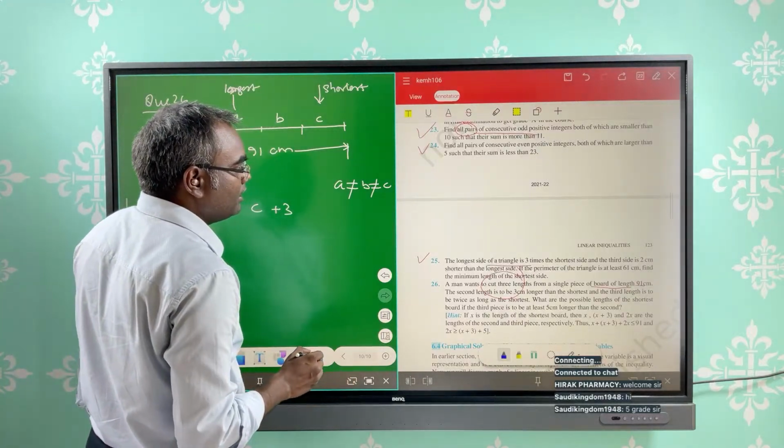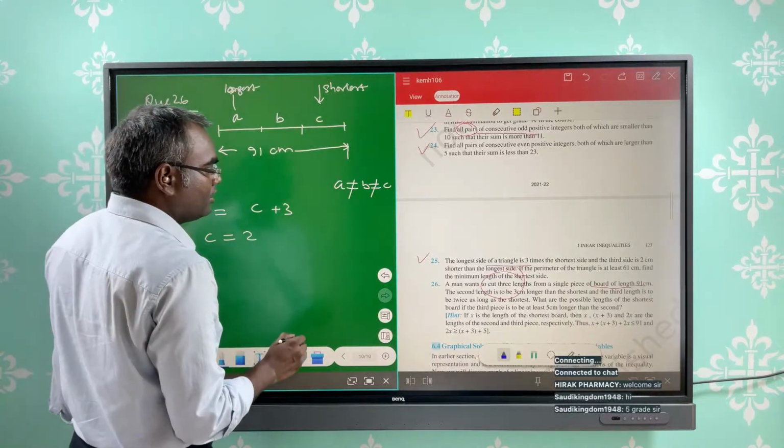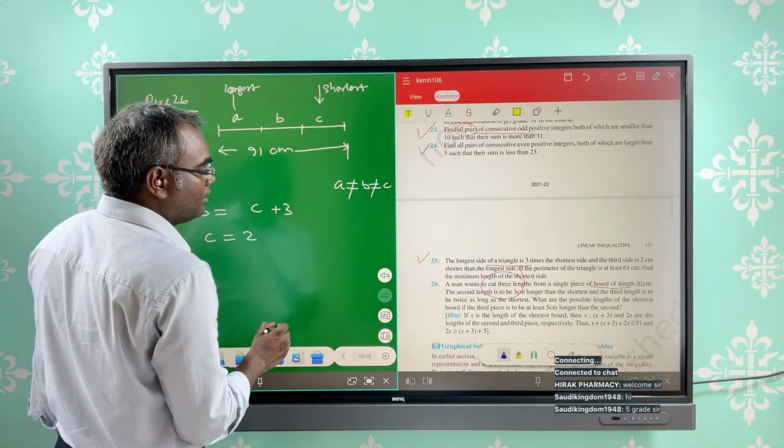And the third length is to be twice, that is C, twice of what? As long as the shortest.